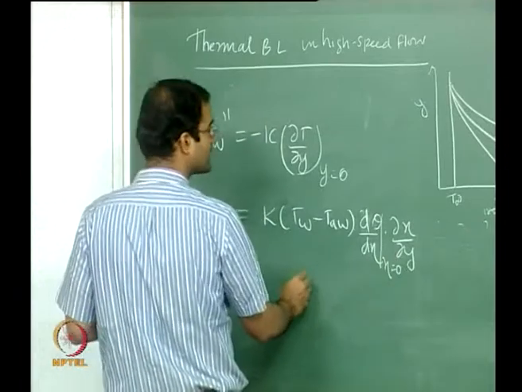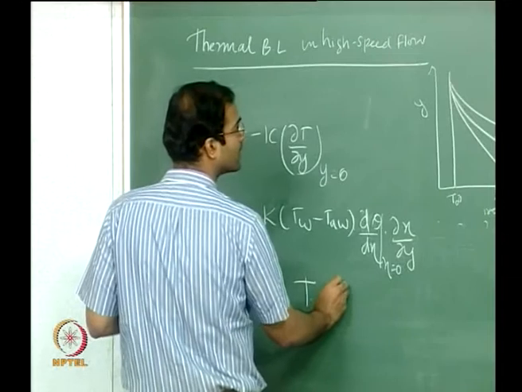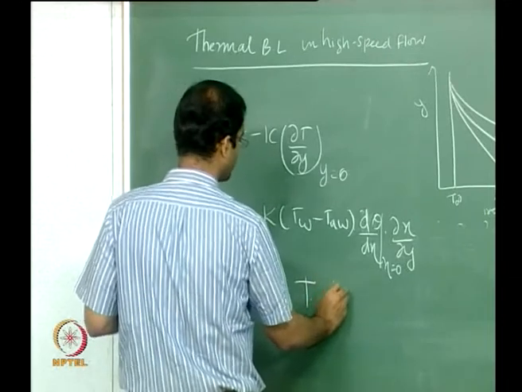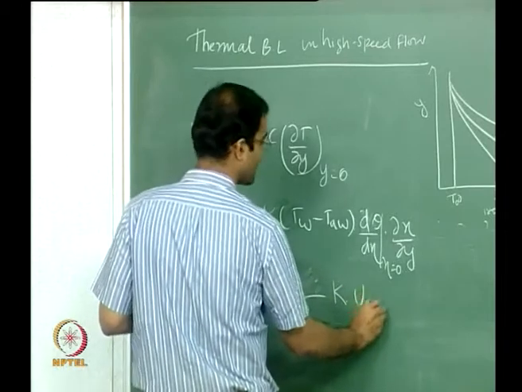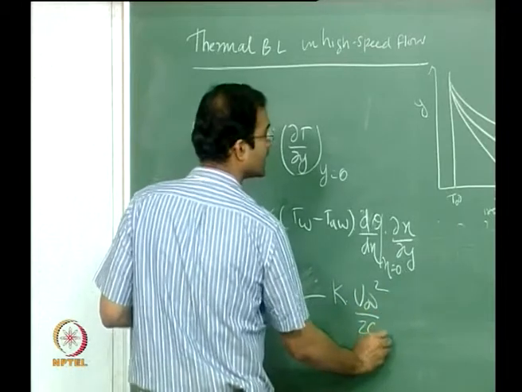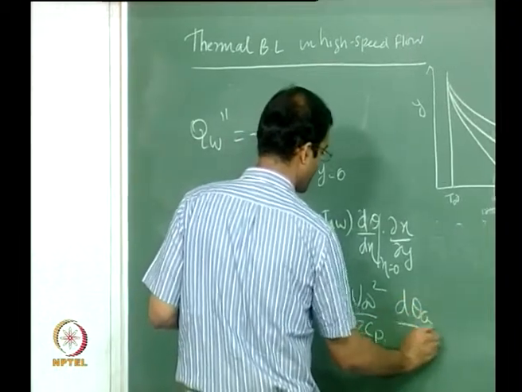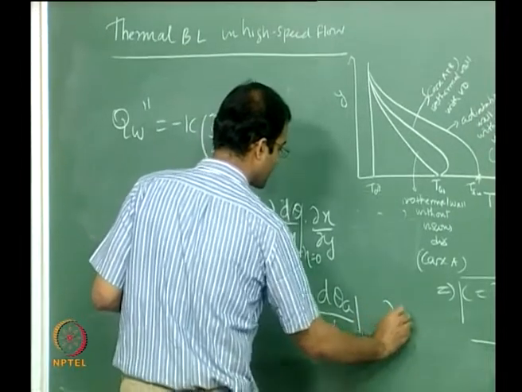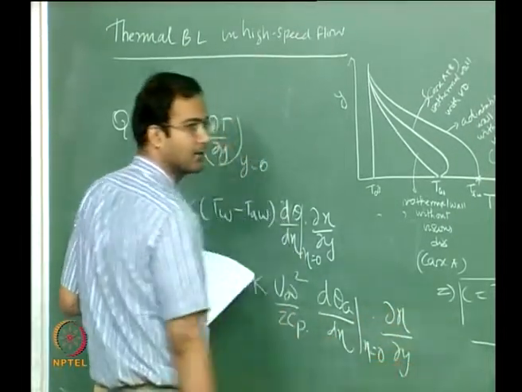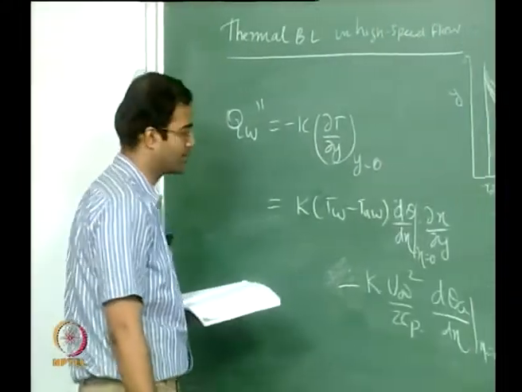Plus you have, there will be a minus here, k into U infinity square by 2Cp into d theta A by d eta at eta equal to 0 into d eta by dy, right. So this is coming from the general solution.